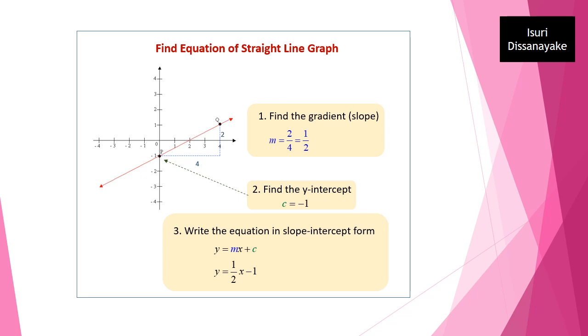Nextly, we have to know the y-intercept, which is c. So when you know the gradient, which is shown in point 1, and the y-intercept that is shown in point 2, thirdly, we can join these things and write the equation of the straight line.